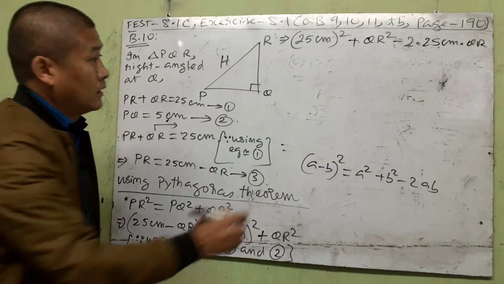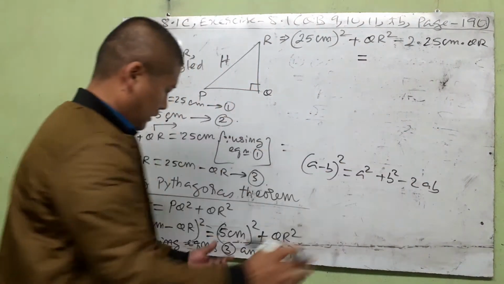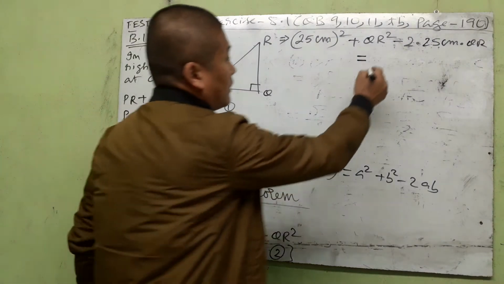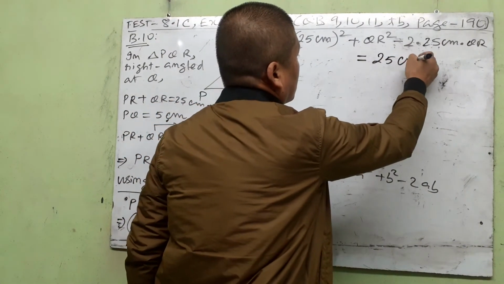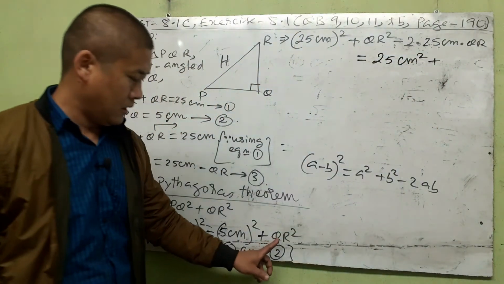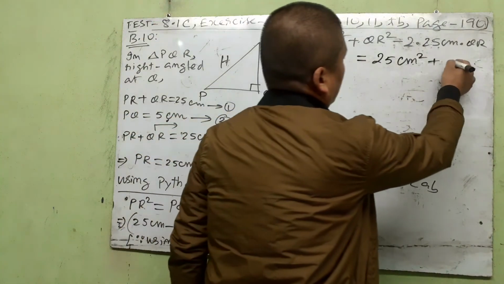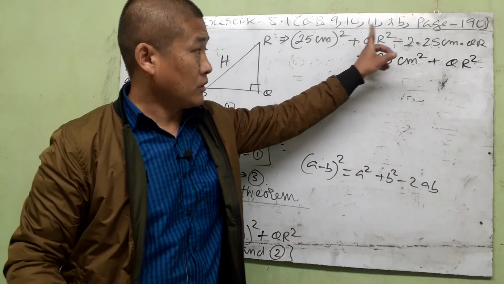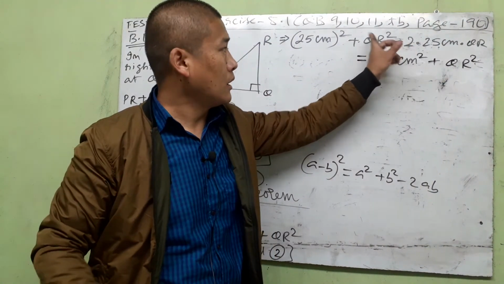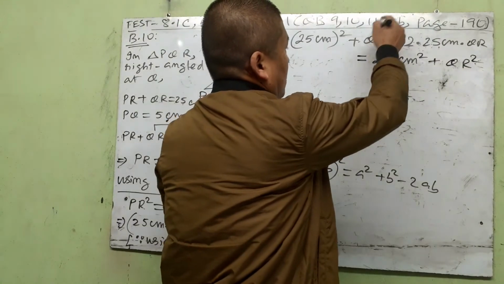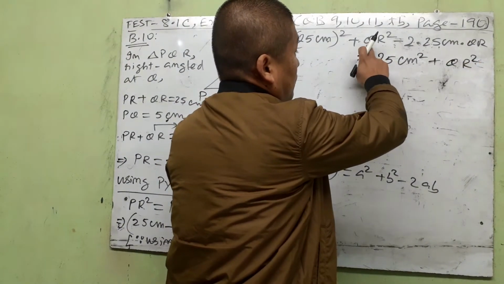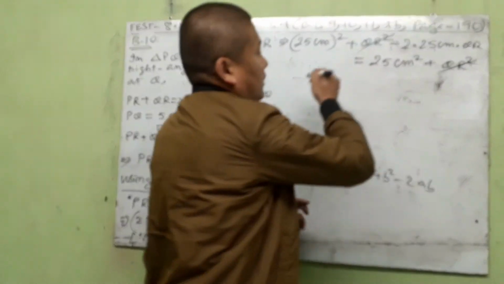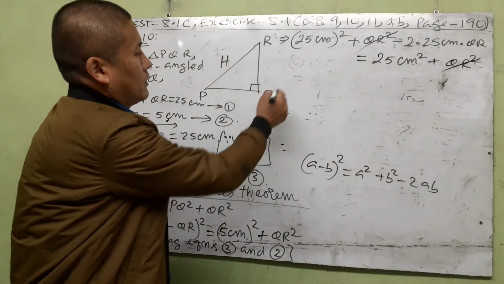square. Then after that, equal sign, right hand side here, 5 5s are 25 centimeter square plus here QR square, we can just keep it like that. On the left side there is plus QR square, on the right side QR square, means if you were to shift this plus QR square to the right side, it will become minus QR square, and plus QR squares will become 0. So you can cancel it here as well.